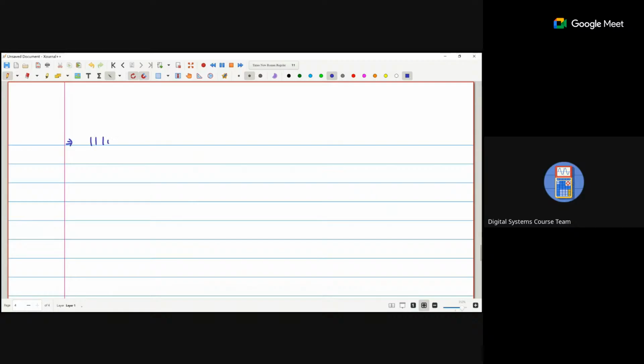Take 1 1 0 1 0 1 1 0 0. So we create groups of 4. One group is this one, another is this one, and 1 bit is remaining, so I can add a 0.